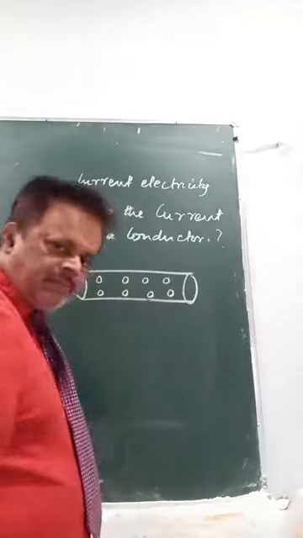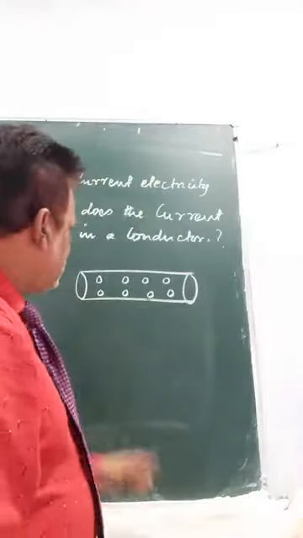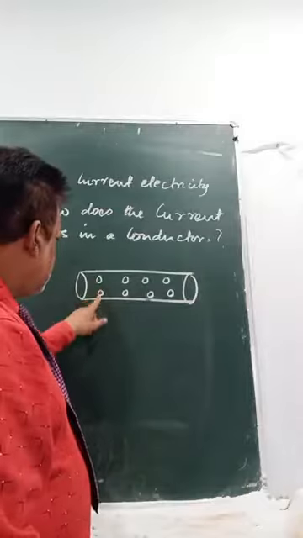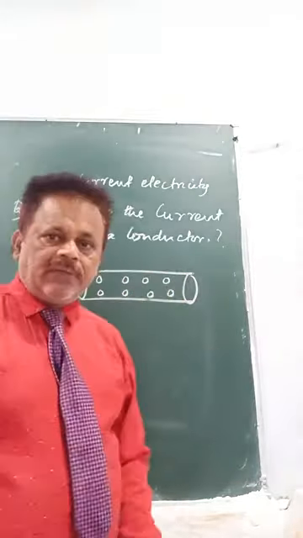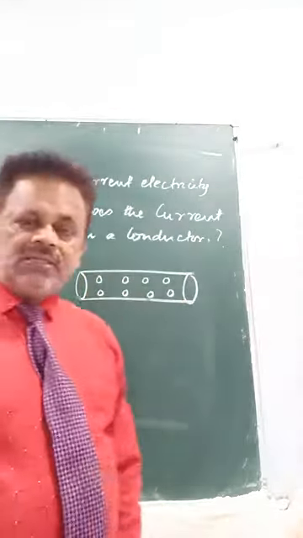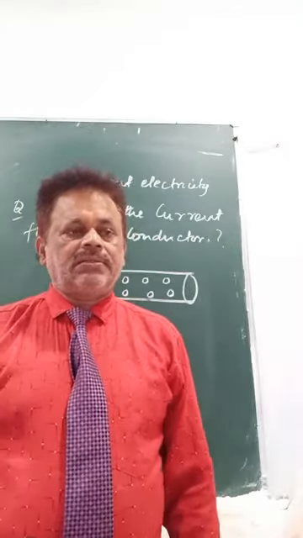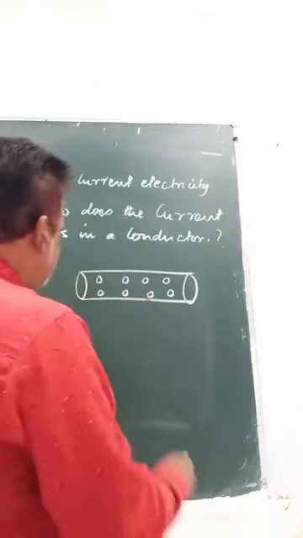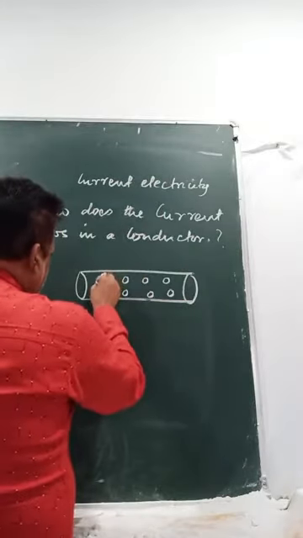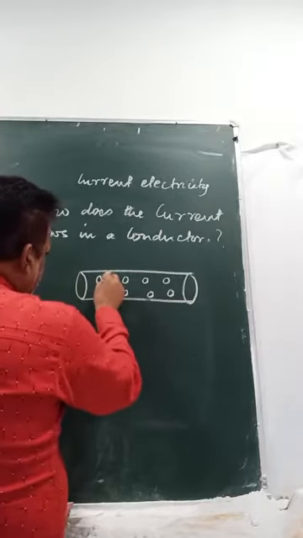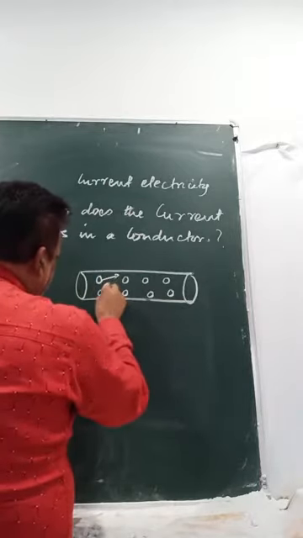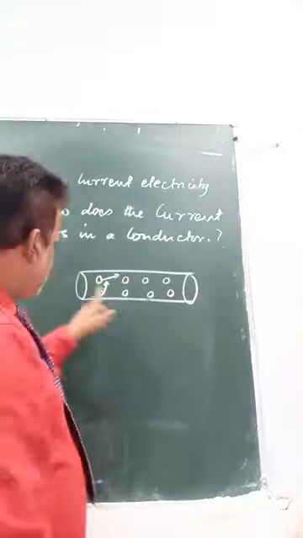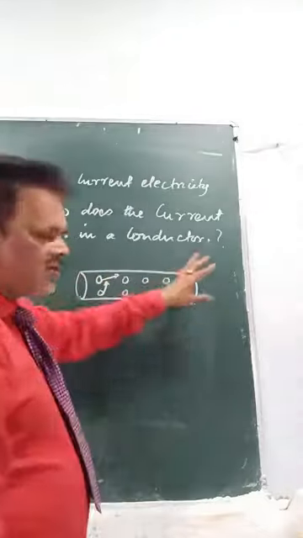Each atom found in a conductor has some free electrons in the outermost shell. So each electron, if I consider this one, is free to move in any direction. Maybe this one is going that way. There are a number of electrons in this.